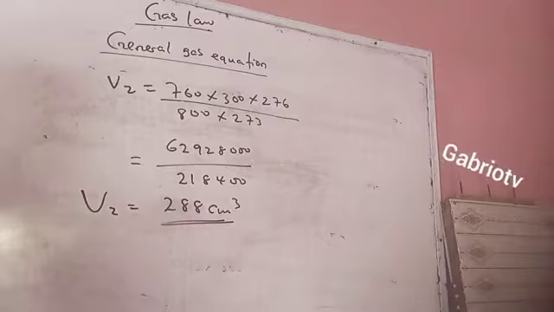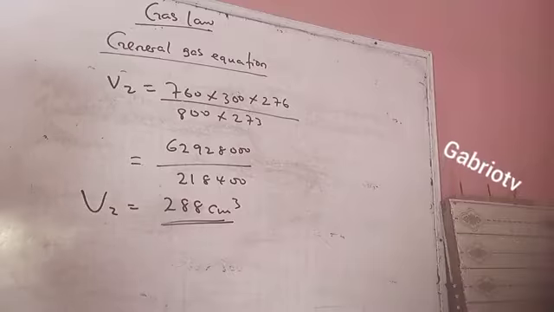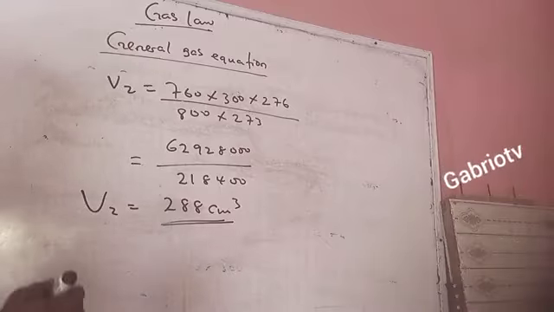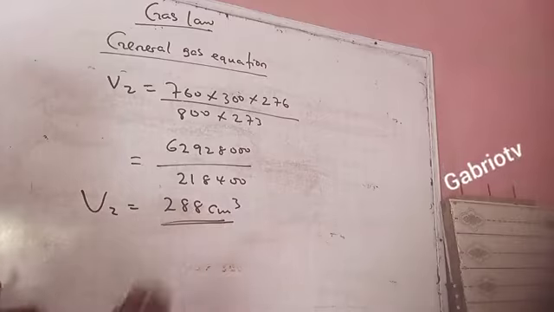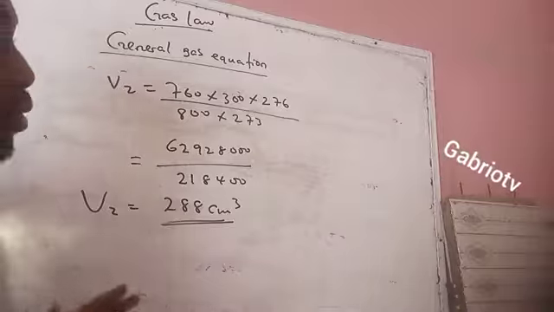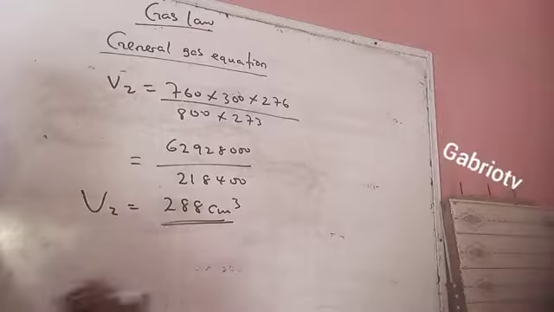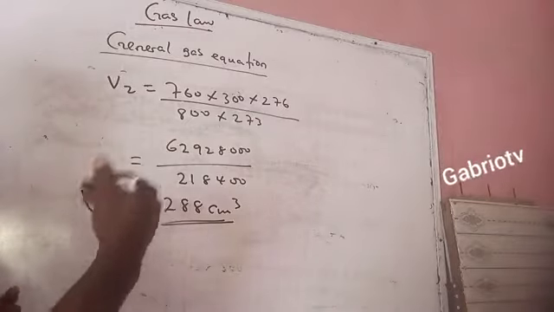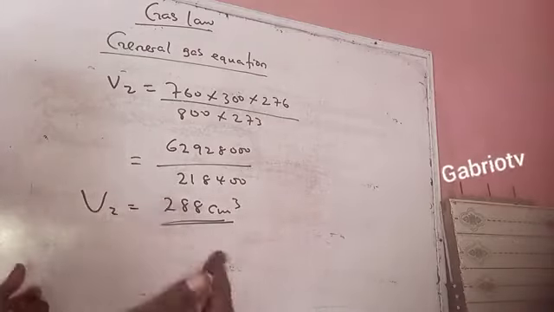Sometimes you have to be careful about how the STP is placed. The STP might come in the first statement, the way JAMB usually states the question. If the STP is coming in the first statement, then you know that's T1 and P1. But sometimes it can be compressed, it can be decreased.